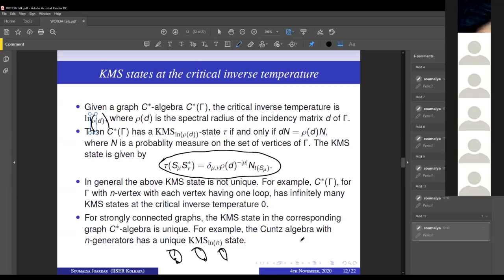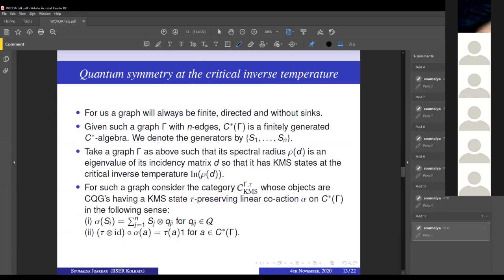A very trivial example of a strongly connected graph: the graph of the Cuntz algebra is strongly connected, and that is one reason that the Cuntz algebra has a unique KMS state at log n, that we know it has.